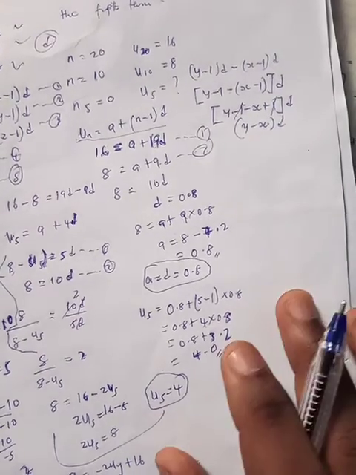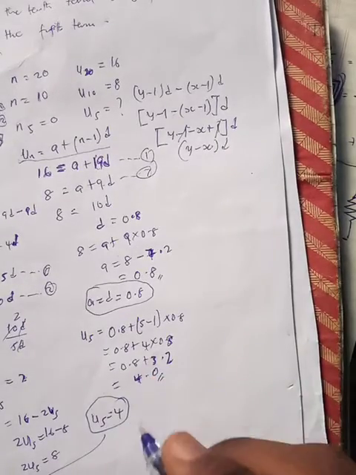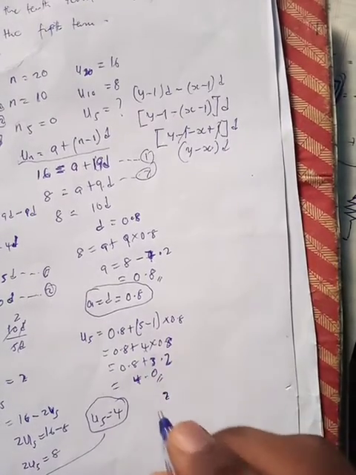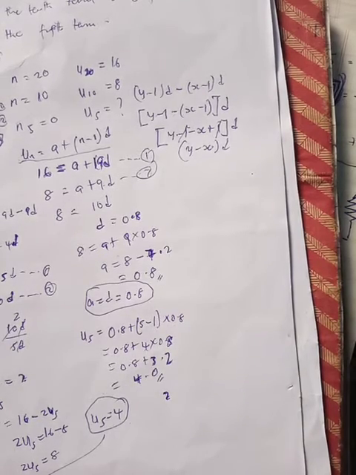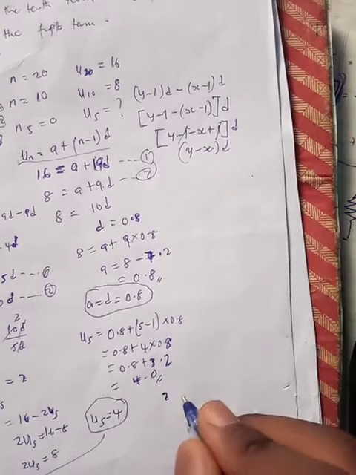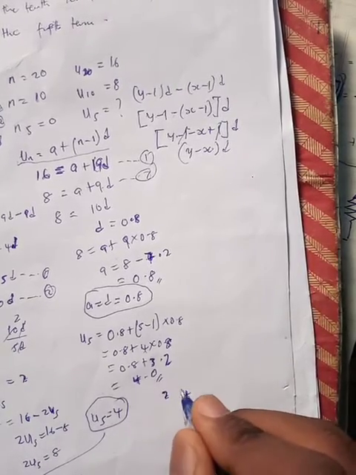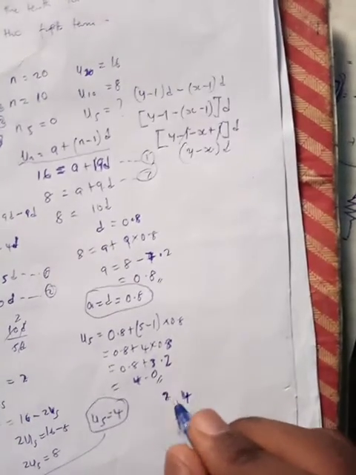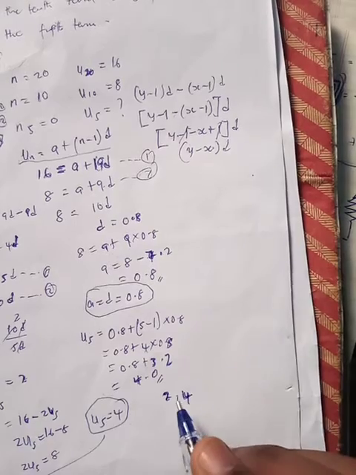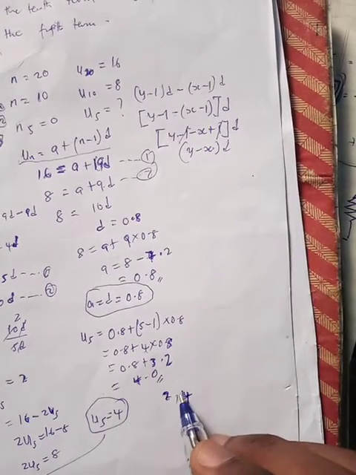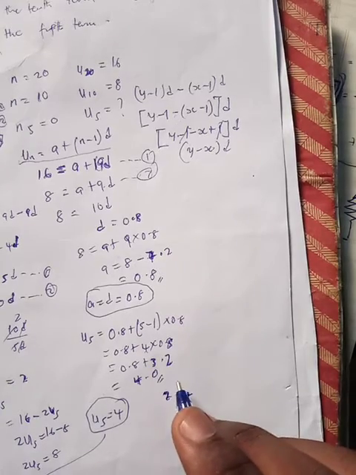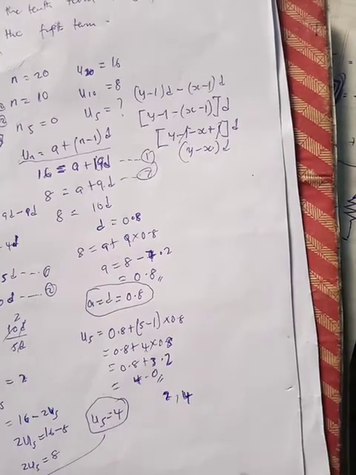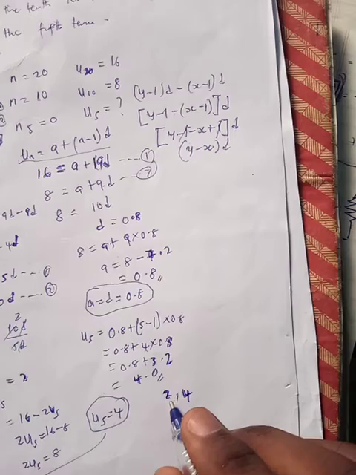So let's say we have two numbers, 2 and 4. That number should divide 2 and 4 into two and also make it form an AP.